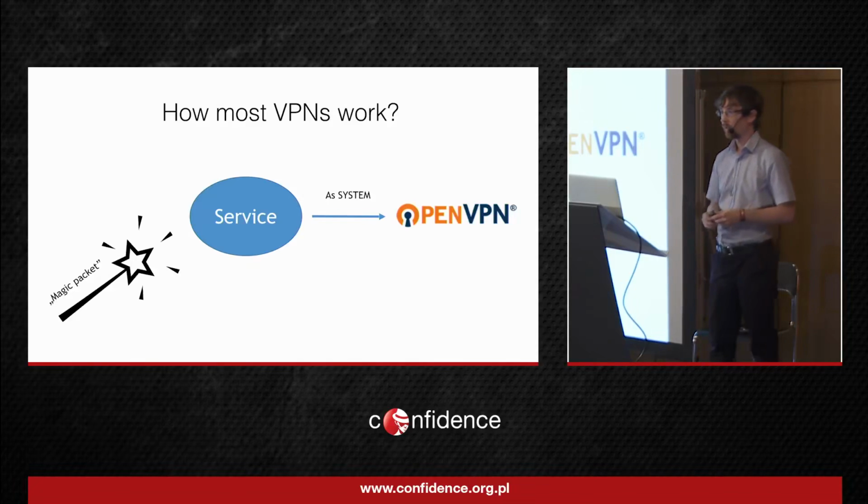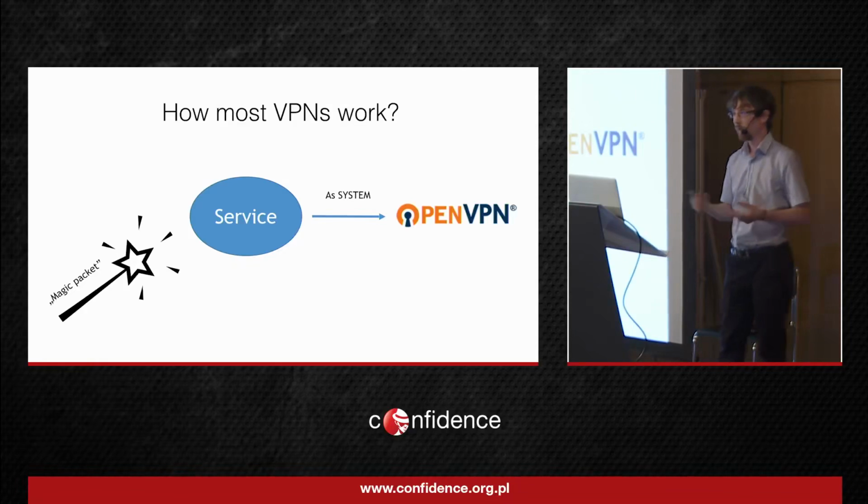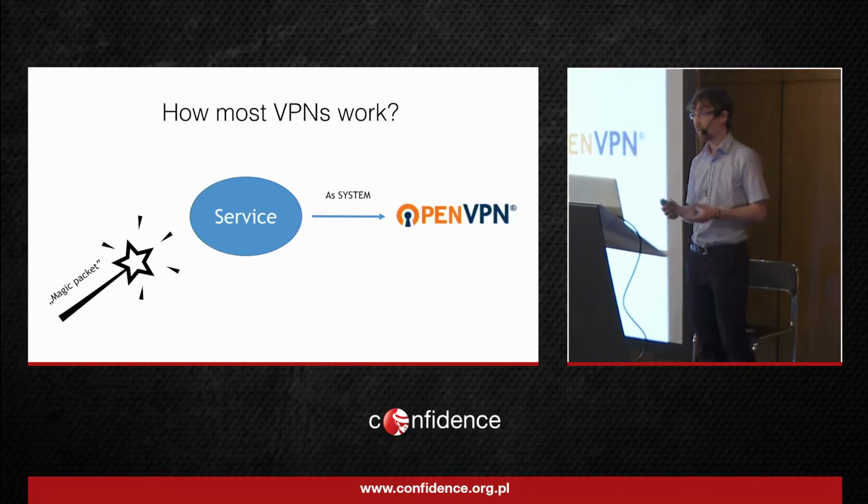Under the hood, this client sends some magic packet to the service, and this service is running as SYSTEM. This service runs OpenVPN in the background. OpenVPN is open source software. So I started thinking, why are they running some open source software in the background?